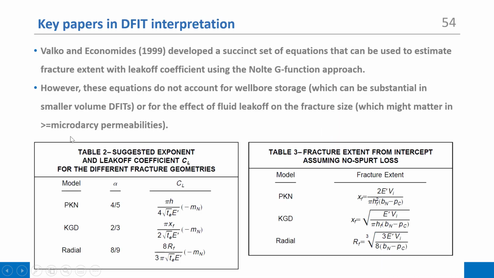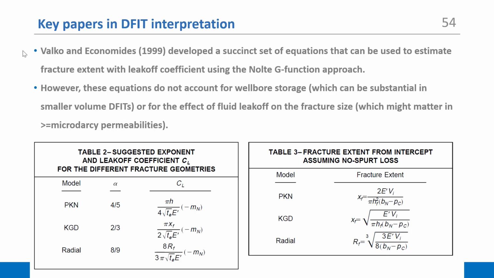That in fact is done already in the literature, but we've extended it a little bit. A paper that I found very interesting and influential in our work is this Valko and Economides 1999 paper. This method has also been used a lot in more recent papers by Christine Economides and her graduate students.